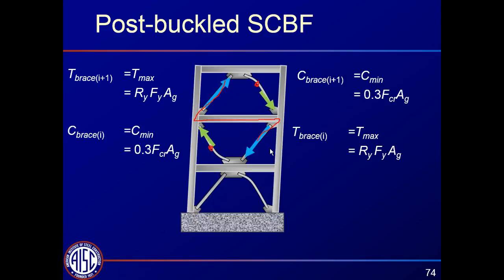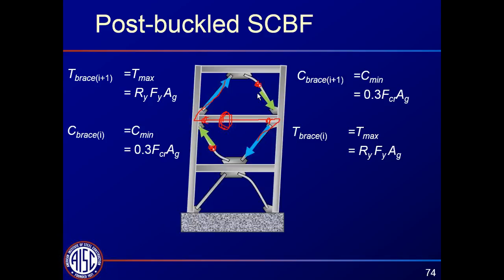And the provisions have this analysis requirement so that we will have designed this beam for some axial force, not necessarily the axial force that it absolutely will see in an earthquake, but if we designed it based on this mechanism, we feel very comfortable that it's not going to buckle or we're not going to fracture these connections based on how the load distribution changes as these compression braces degrade.